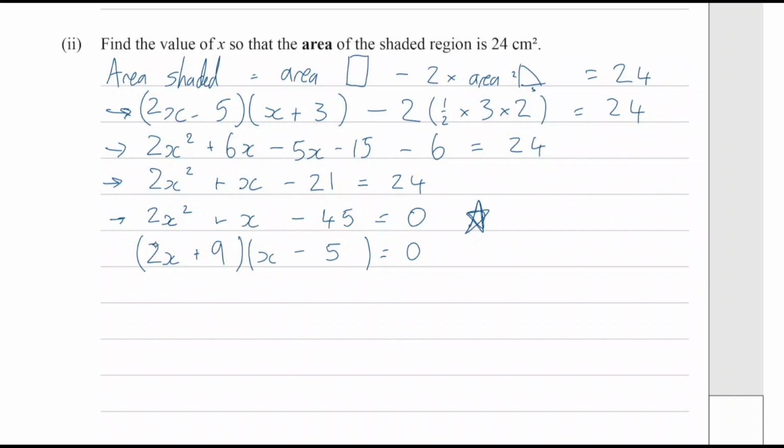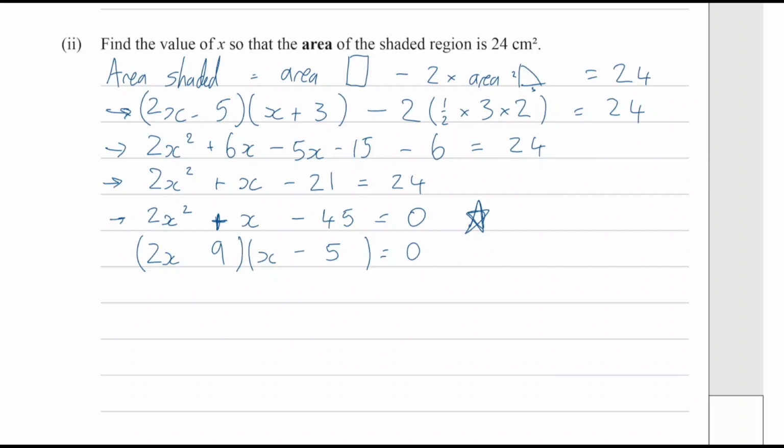So let's just check. We get 2x squared, then we get minus 10x plus 9x minus 45, and these combine to minus x. However, we wanted plus x. So that tells me we actually got the signs wrong for the 9 and the 5. So let's try that again.